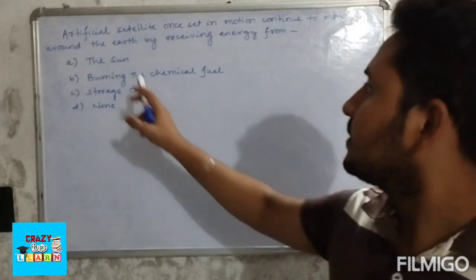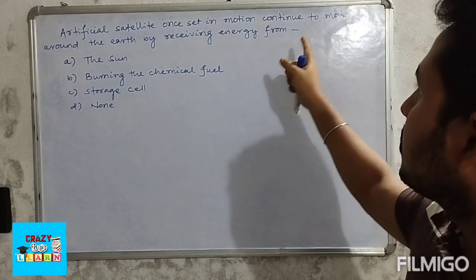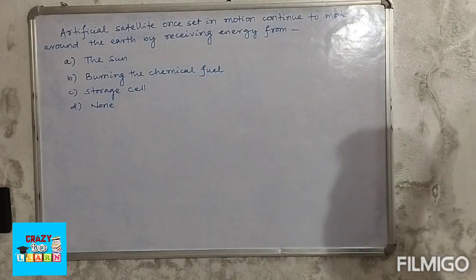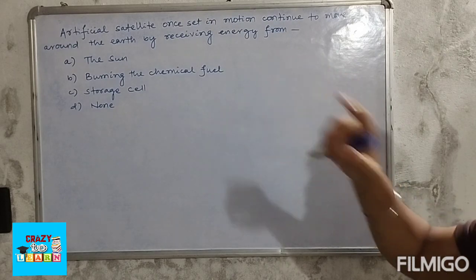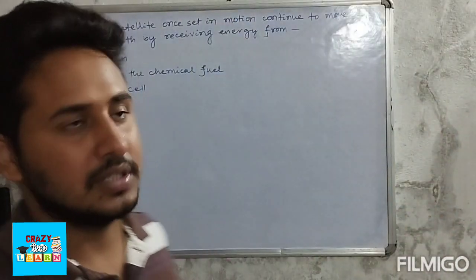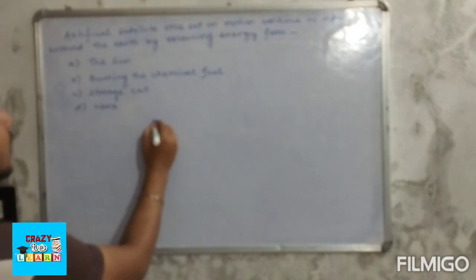Next problem is: the artificial satellite, once set in motion, continues to move around the earth by receiving energy from the sun, burning the chemical fuel, storage cell, or none. So it is a direct question. Artificial satellite once set in motion. Remember what is written here: once set in motion, that means the satellite is already set for motion in the orbit. When the satellite is set and it continues in motion, then it is the case of equilibrium.